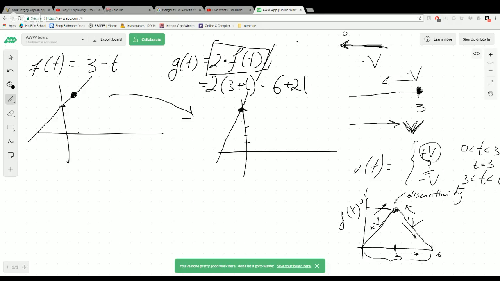If the x-coordinate is, let's say, 1, 1 plus 3 is 4. This would be the point 4. When I multiply by 2, that point becomes 8. When the x-coordinate is 2, we get 2 plus 3, that's a 5. When I multiply it by 2, we get 10.